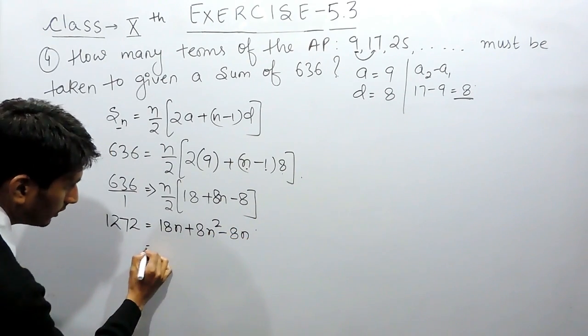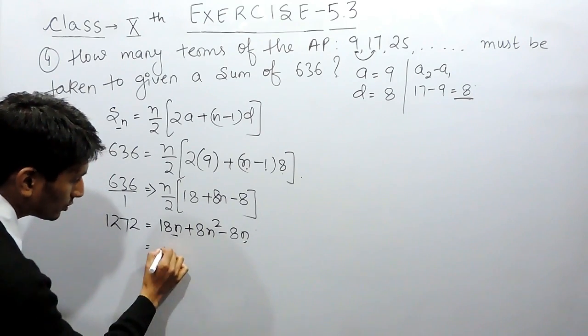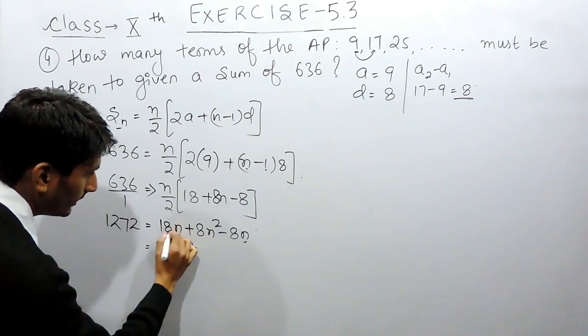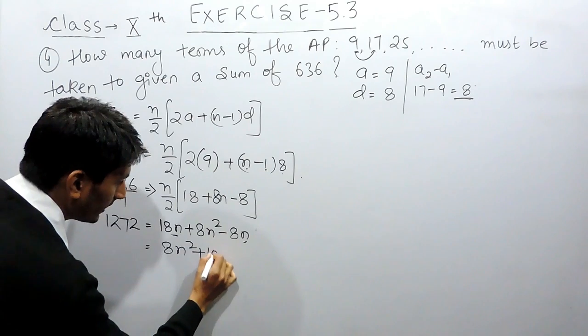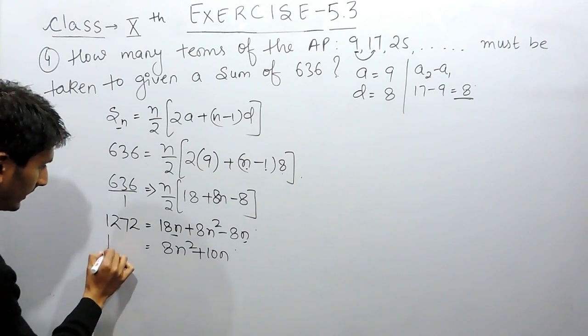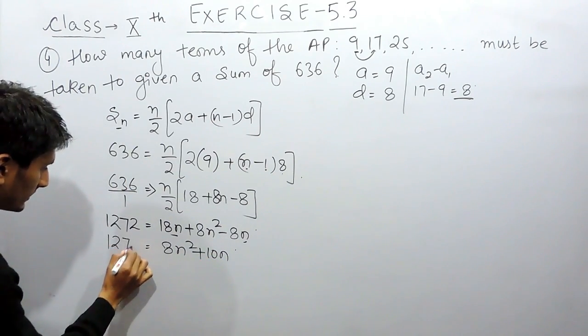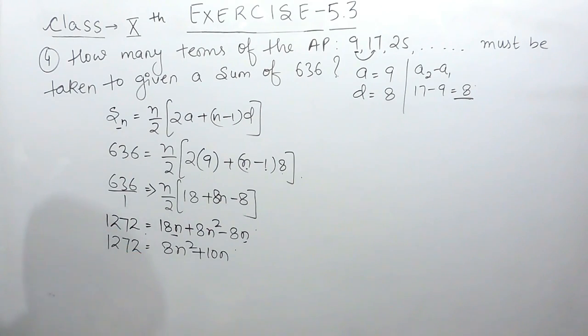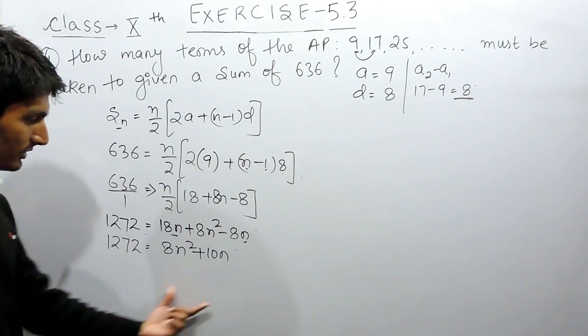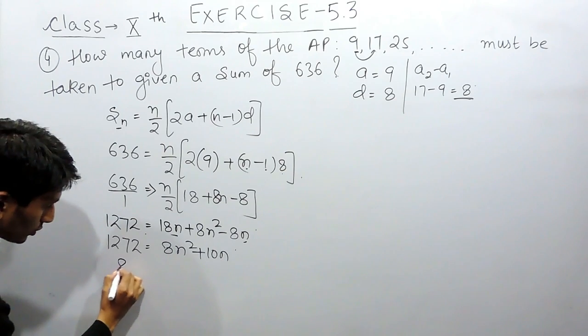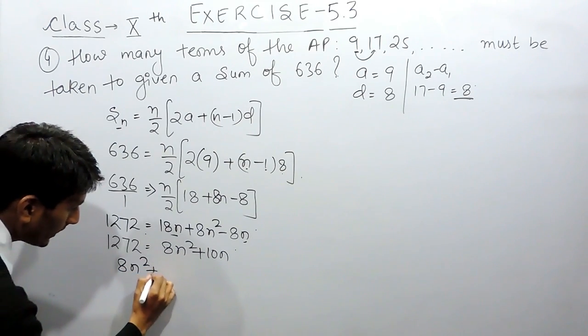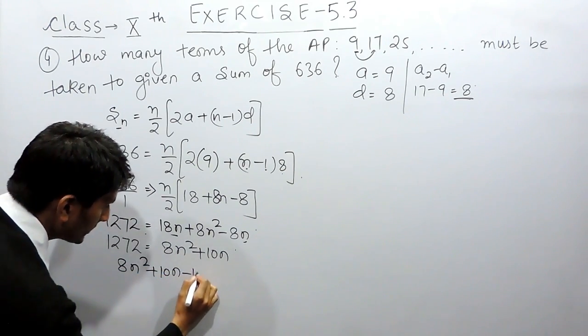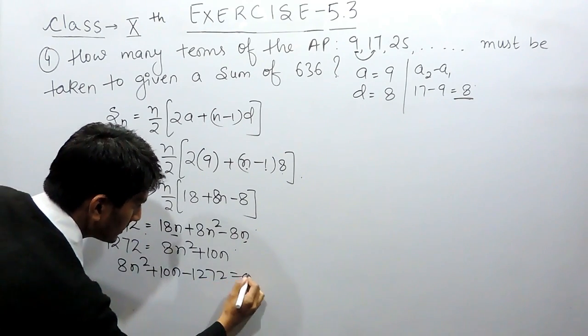Now these two are like terms, so this will become 8n square, plus and minus gives minus, and this will be 10n, and this is 1272. Now this value can be shifted to this side. So the equation will become 8n square plus 10n minus 1272 equal to 0.